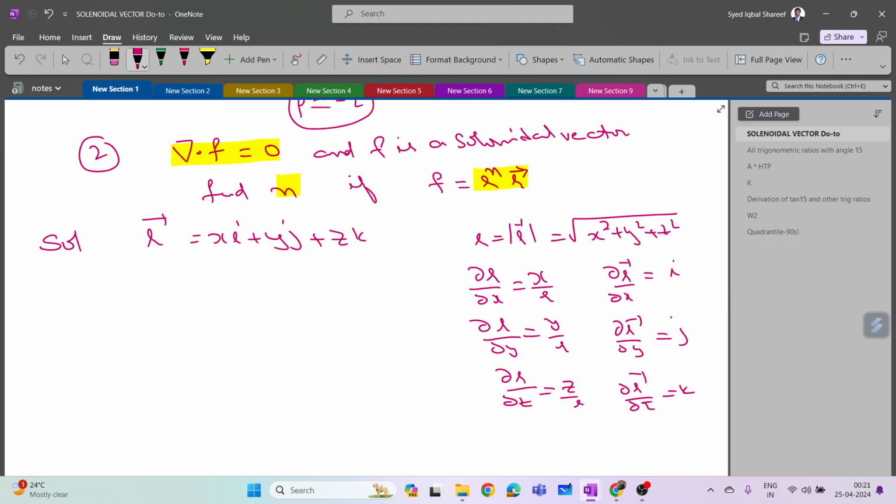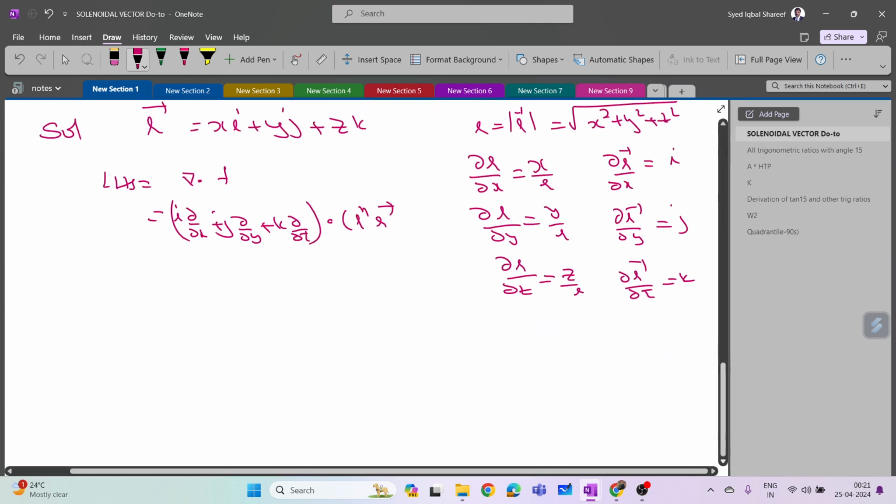Now, what is given? Del dot F equal to 0. Let's go with the left hand side first. Del dot F. What is del? i dou by dou x plus j dou by dou y plus k dou by dou z, dot product r to the power of n vector r.